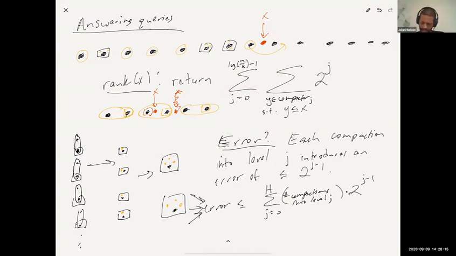So what's a bound on the number of compactions into level J? Think about it like this. Whenever there's a compaction at level J, that means it got filled up to K items.